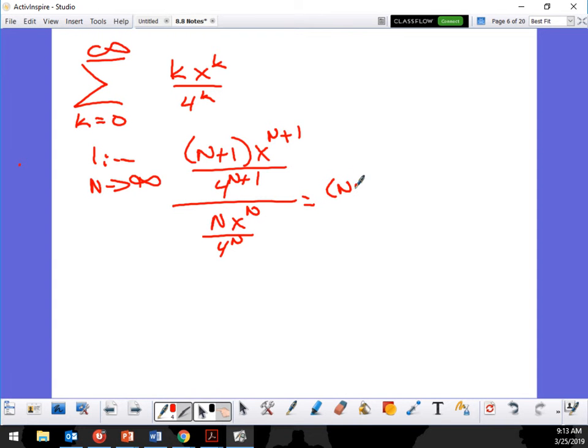Rewrite it: n plus 1 times x to the n times x to the 1 over 4 to the n times 4, times the reciprocal, 4 to the n over n x to the n.